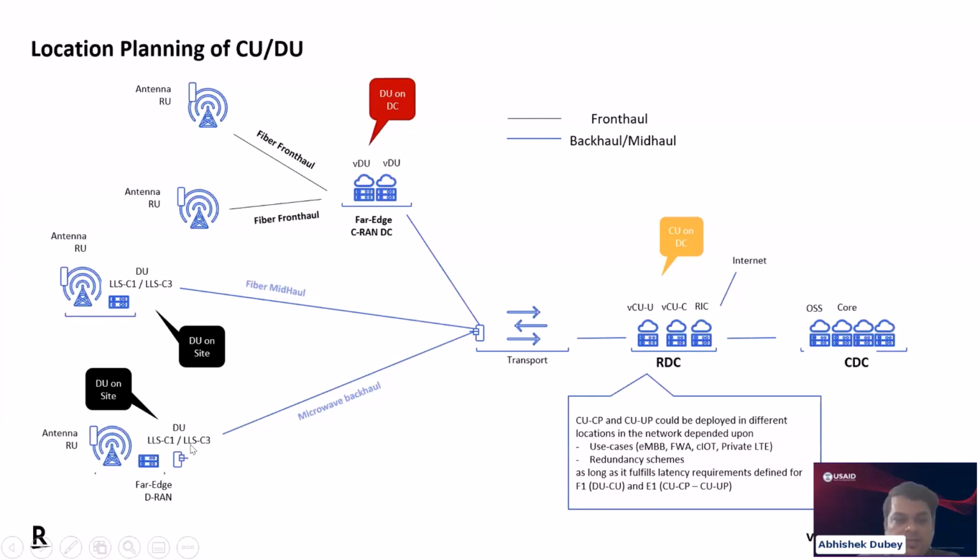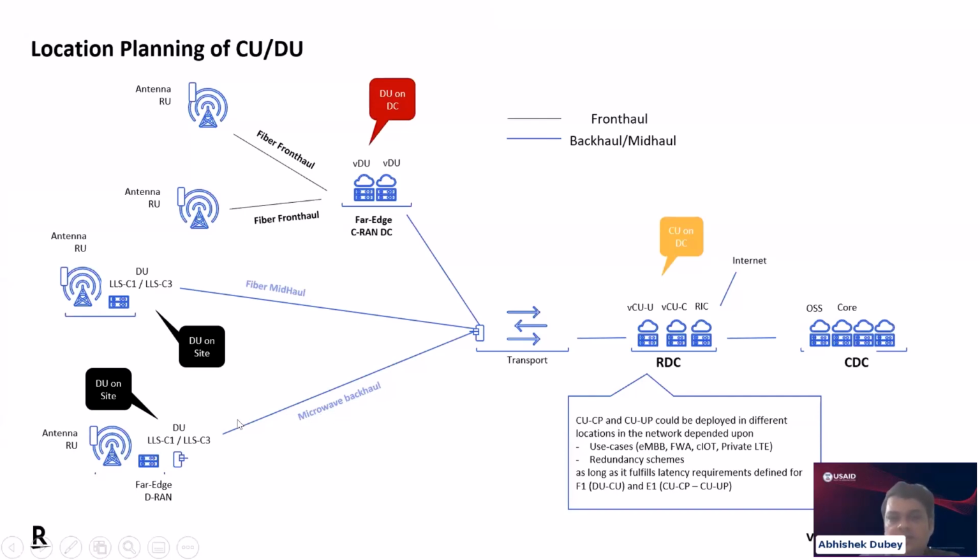The next option is for distributed RAN, where you have the DU on site, but you can also use microwave backhaul. If the fiber is not available with the operator, you can use microwave backhaul.